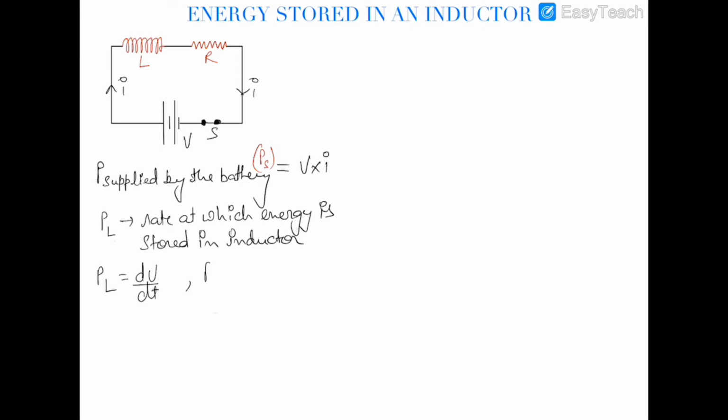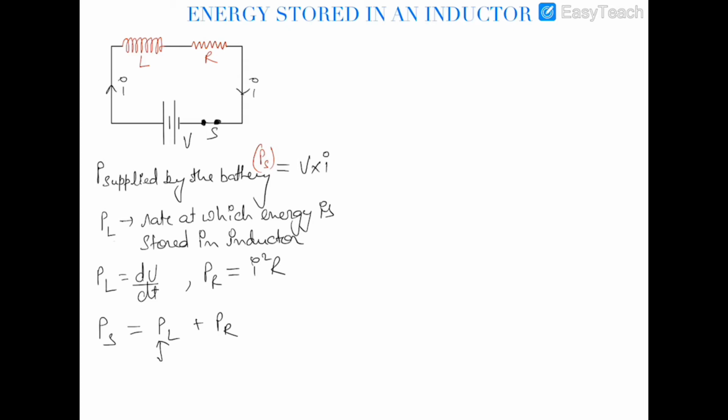So the power loss across resistance PR is equal to I square R. So we know that the power supplied by the cell will be utilized into power lost in resistance, and the rate at which the energy is being stored in the inductor. But we are concerned to find out the energy stored in the inductor only. So we are concerned with this power only.